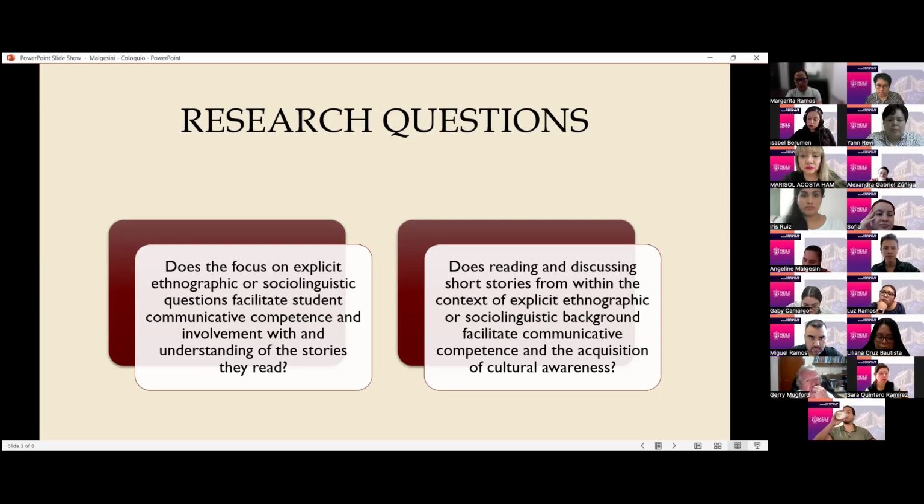Now, that on the one hand. On the other hand, what kinds of short stories are you introducing your students with? Are they modern stories? Are they old stories?